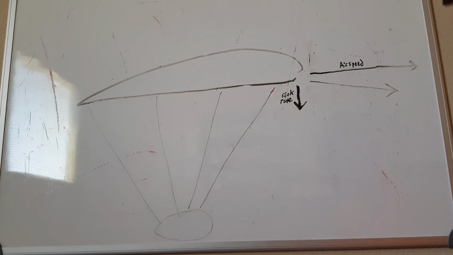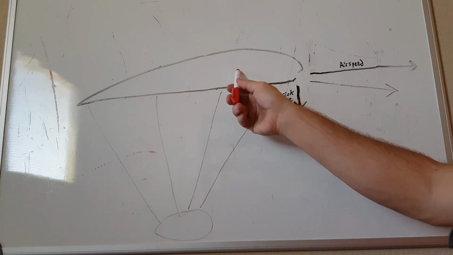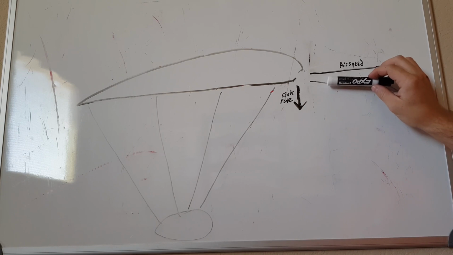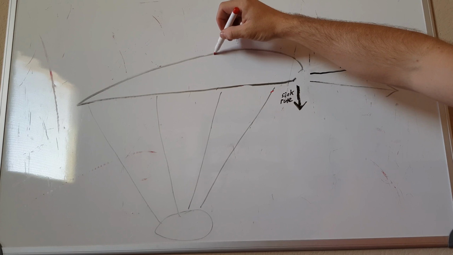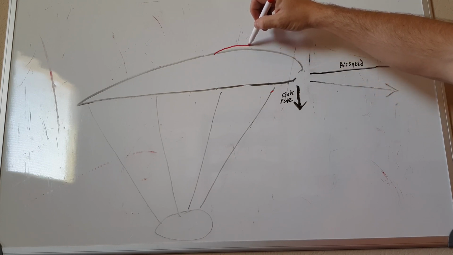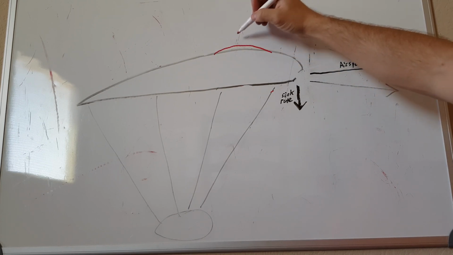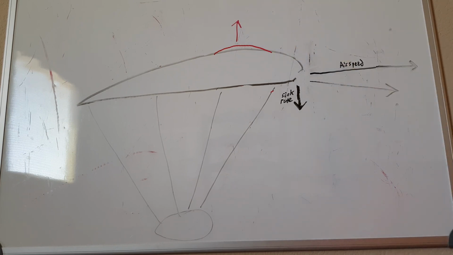Here's the difference of a reflex profile wing and a classic profile wing. On this classic profile wing, as your angle of attack changes, that low pressure area that creates your lift changes as well. So at the normal angle of attack range, that low pressure area is right here, and that's where your lift is being created.